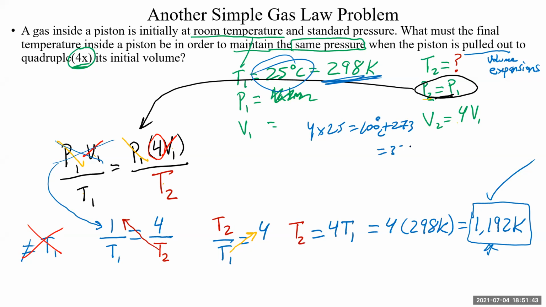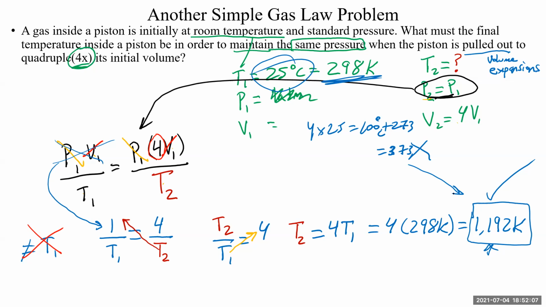No, you'll get 373. It just doesn't work that way. 373 is not the same as 1192. Don't think you can fix the conversion between Celsius and Kelvin after the fact. No, you must convert before you put the temperatures in the formula. It just won't work any other way.